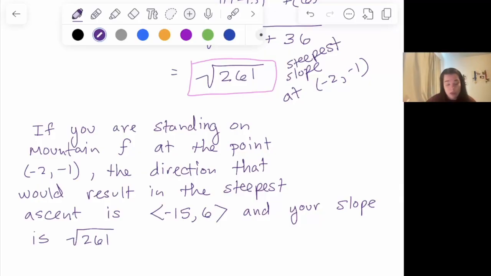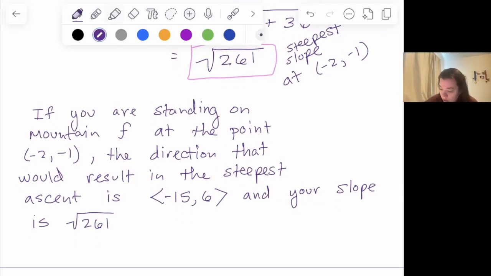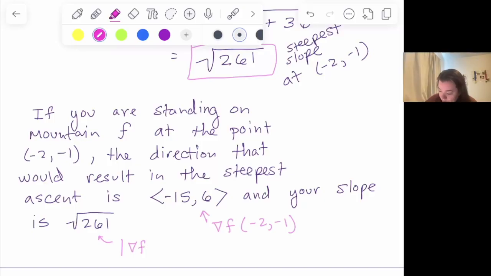So the square root of 261, which is what we found. So this portion was found by finding the gradient vector at the point -2, -1. And the slope was found by taking the magnitude of the gradient vector at -2, -1. So this is how we find those two quantities. And hopefully that sentence helps you with the interpretation of what you're actually finding.